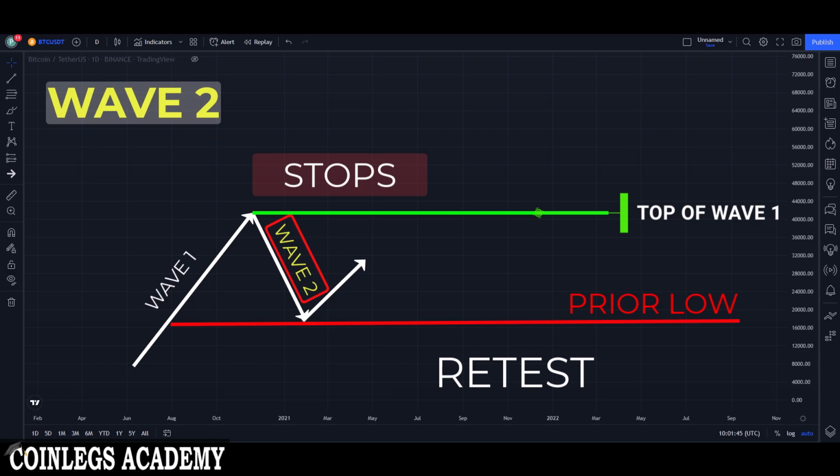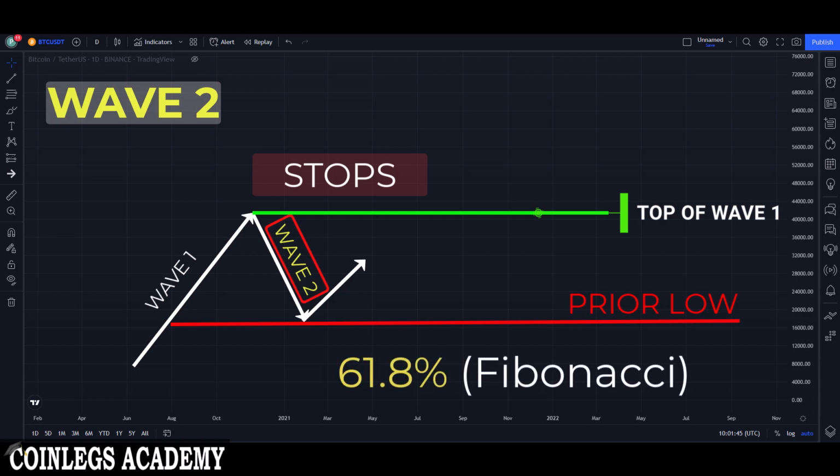Still, some positive signs appear for those who are looking. Volume should be lower during Wave 2 than during Wave 1. Price usually does not retrace more than 61.8% of the Wave 1 gains, and price should fall in a three-wave pattern.